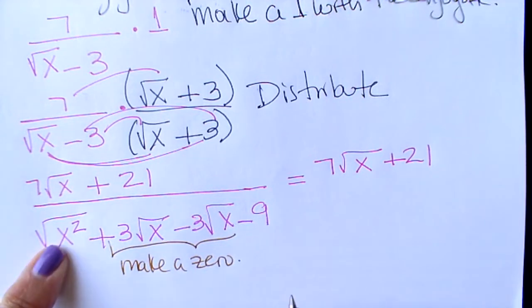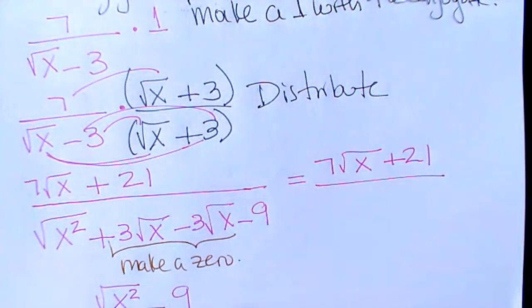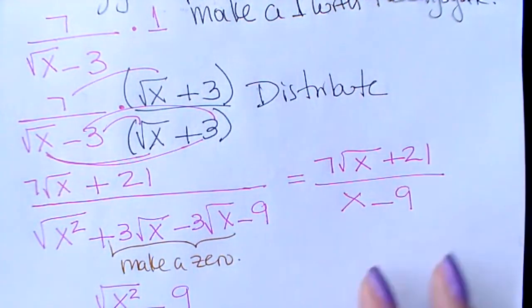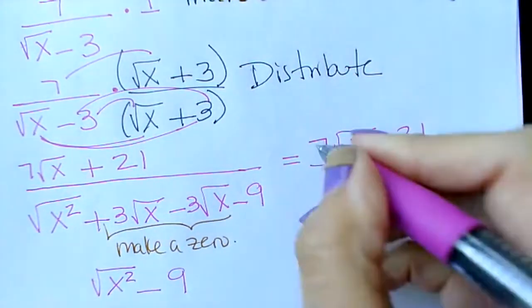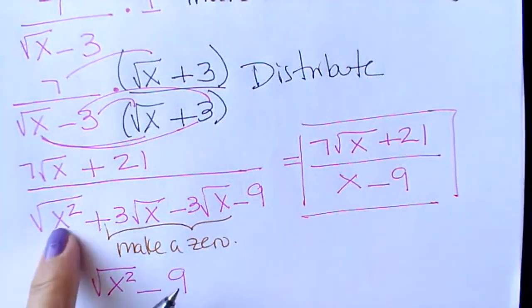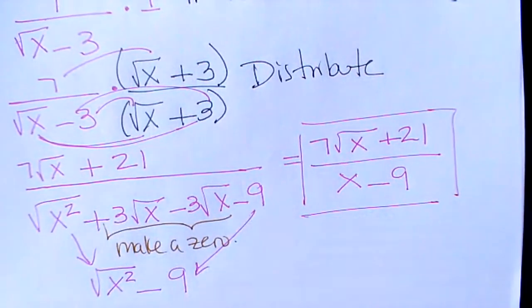I only have left the square root of x squared minus 9. And what is this equal to? x minus 9. So this is my answer. What I have left here is this number and this one. And the square root of x squared is x.